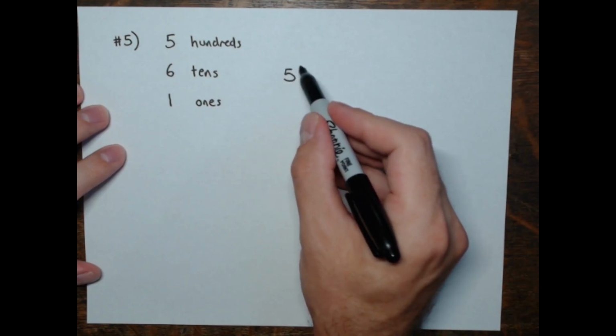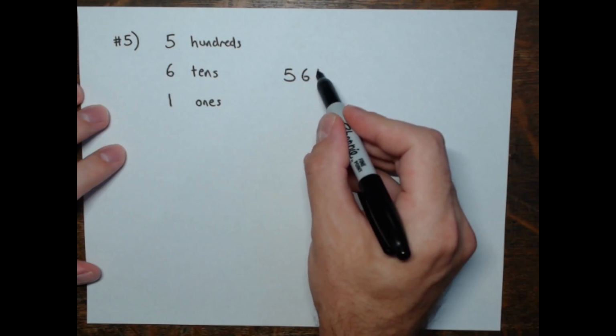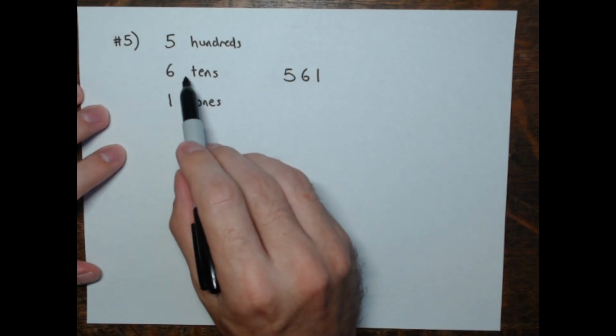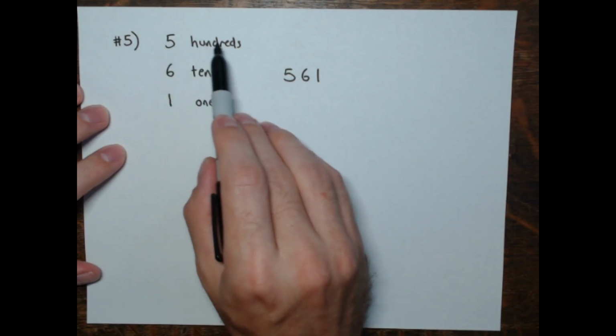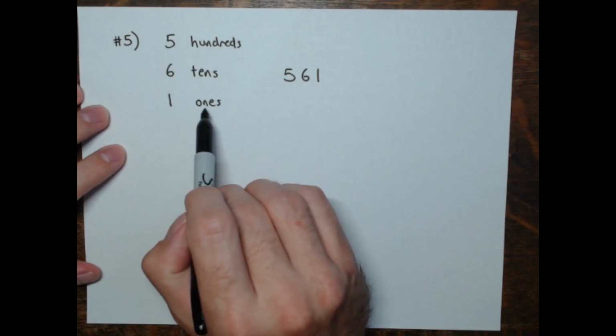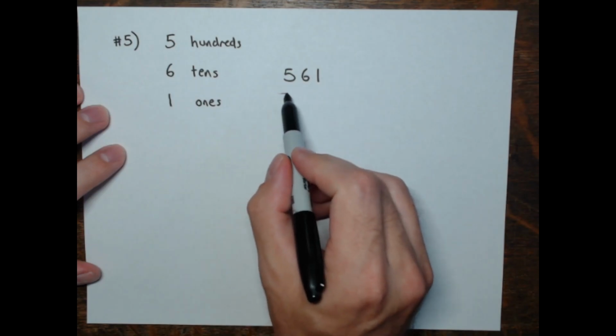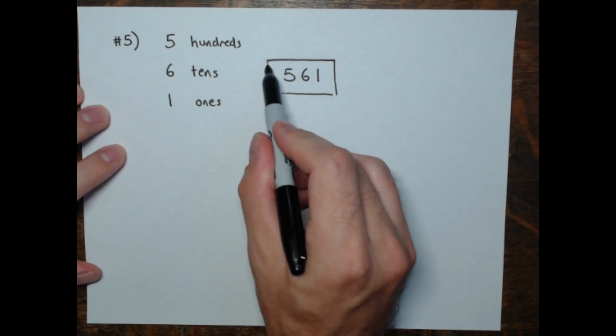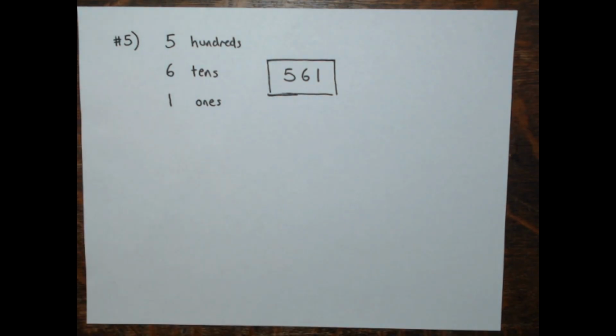So we're talking the number 560, right? 6 tens has a value of 60, 5 hundreds has a value of 500, and 1 one has a value of 1. 561 is the number being modeled by those base 10 blocks. And that's it. All right, pretty simple stuff, I feel.